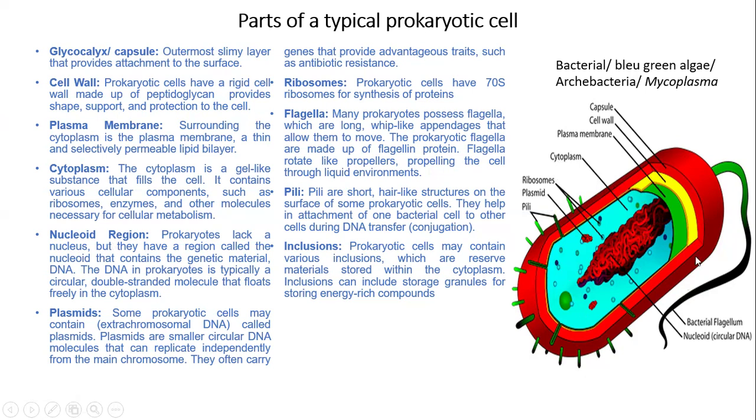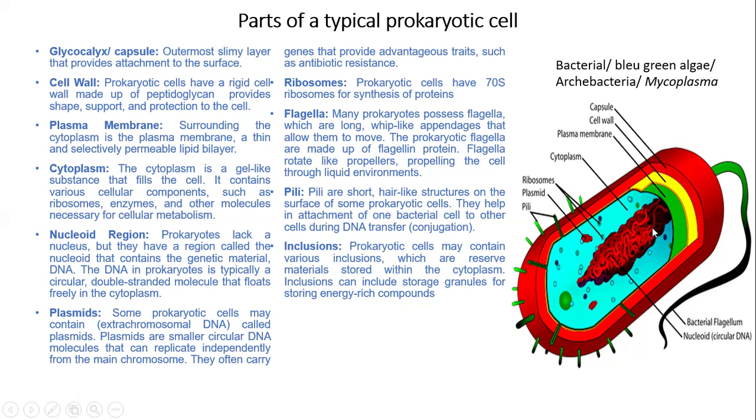And the nucleoid region given here contains the nuclear DNA, usually circular, double-stranded genetic material. Sometimes it is called a chromosome, but it is not covered by a nuclear membrane, so this is not a true nucleus. A true nucleus is absent in the prokaryotic cell.